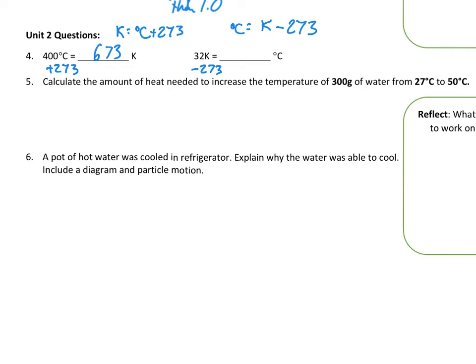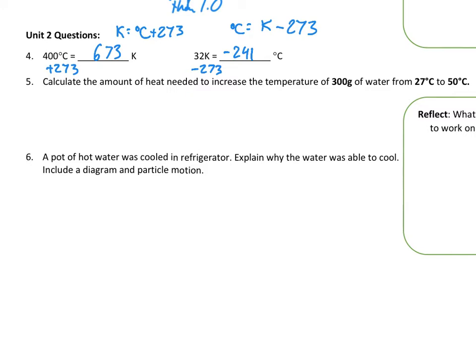Do note that I have a small number, 32, and I am subtracting a large number, 273. So I will have a negative answer, and you must write that negative symbol down. So negative 241 degrees Celsius.